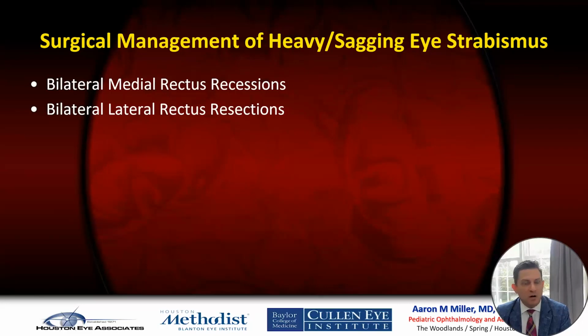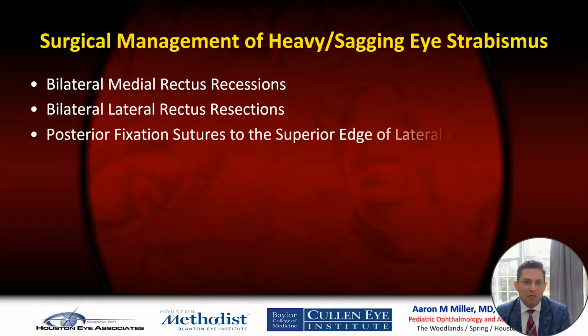So that's why the lateral rectus recessions tend to be things I'm doing a lot more R&Rs for these kind of patients than I used to for the smaller angle, just because I think that lateral rectus resection is helpful. Then moving on to what you would do, there's a posterior fixation suture placement to the superior edge of the lateral rectus. I find this is helpful to reestablish normal anatomy.